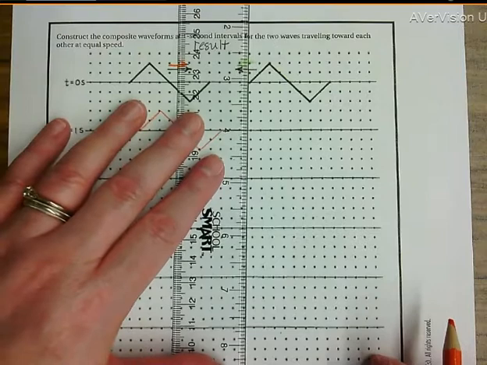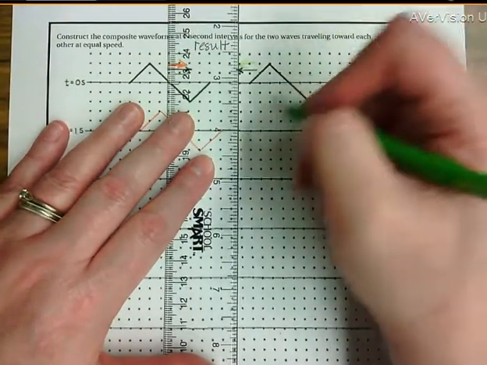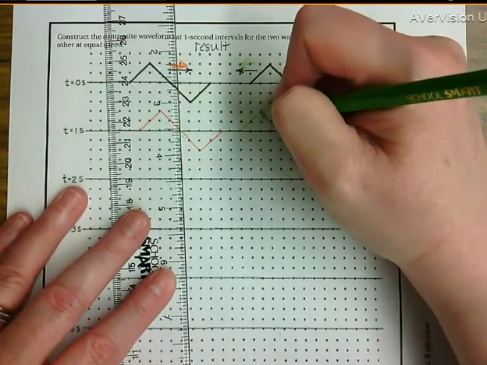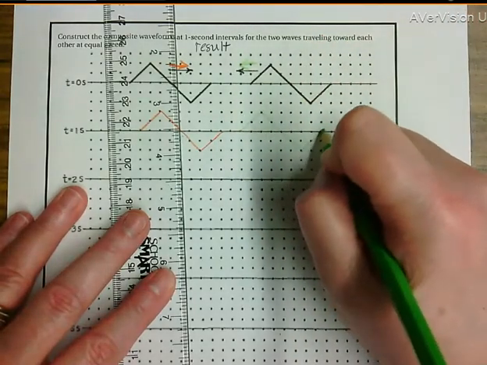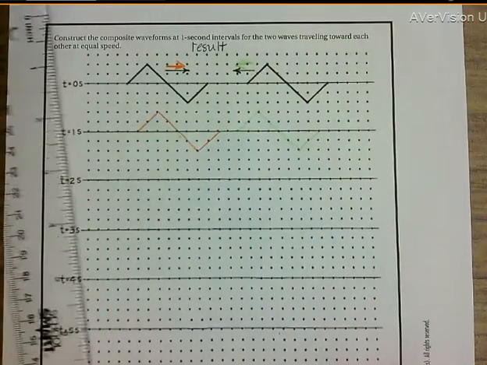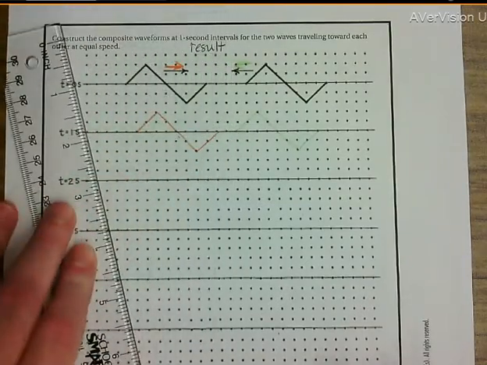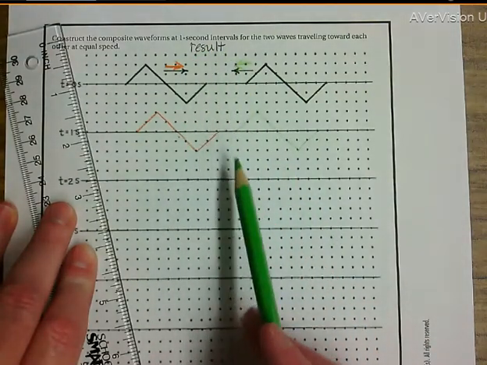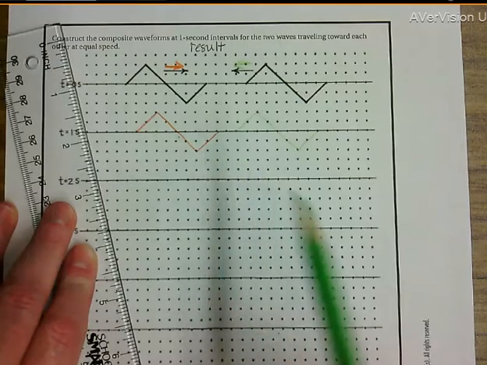So from here, in green, it's going to move over one. And so it's here, going up two, coming down, going down two, and coming up. So it moved over one. So I've got my green, and basically I have no special result because I don't have any interference happening yet. They haven't reached the same point at the same time yet.